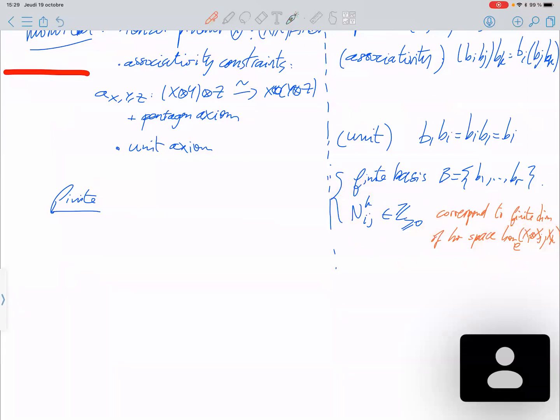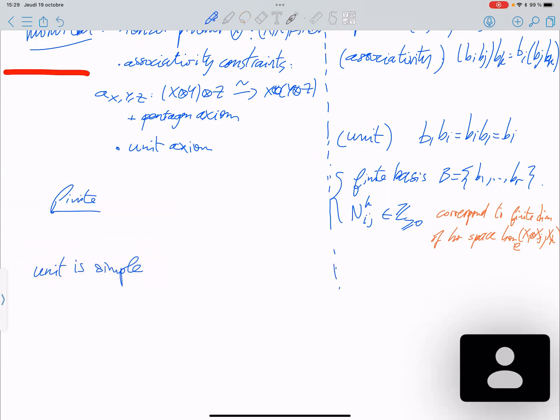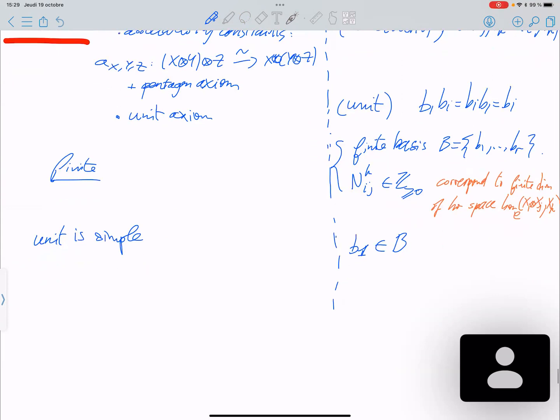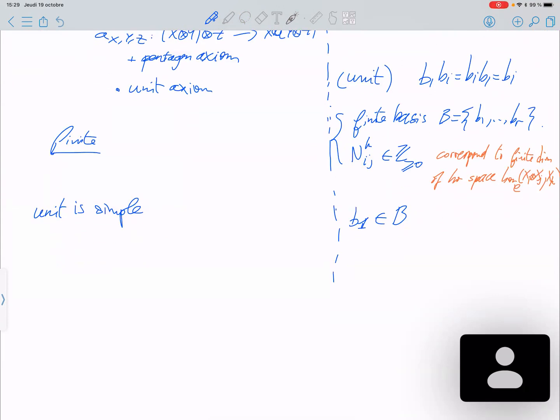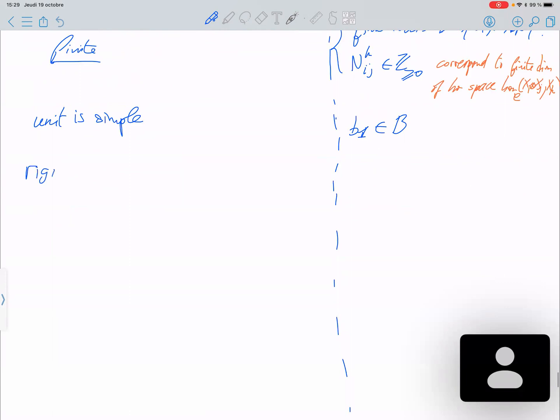Okay, next point. The unit is simple. So this corresponds to the fact that b_1 is in the basis. Rigid, which means existence of dual.